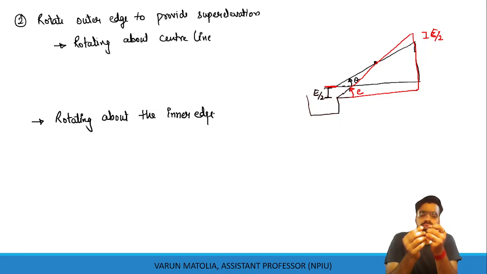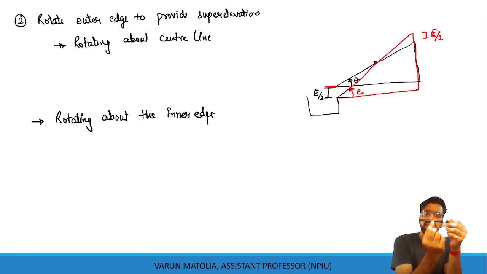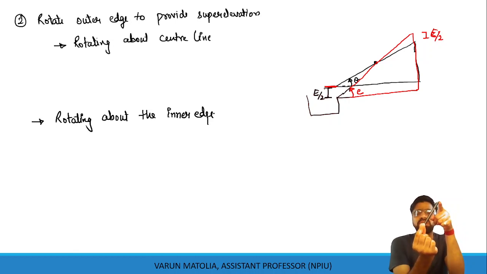In the first case, we considered the central point as the pivot, we raised the outer edge and simultaneously the inner edge got depressed. So this is how it worked. But now in rotating about the inner edge, we consider the inner edge as the pivot and we raise the outer edge. There is no change on the inner edge, but the center line changes.